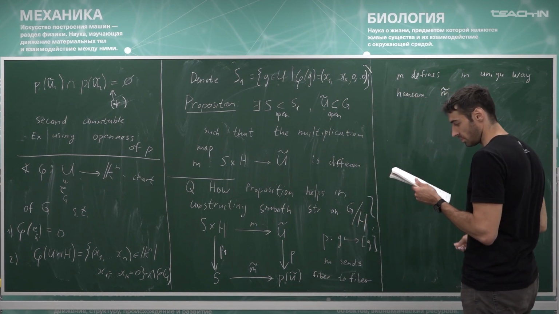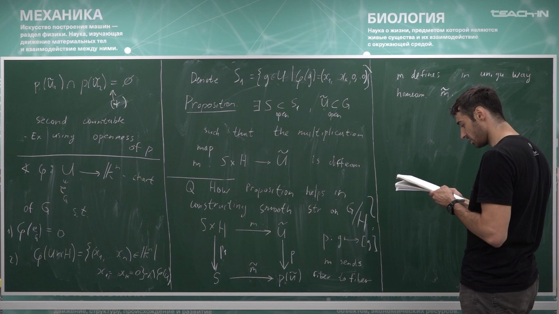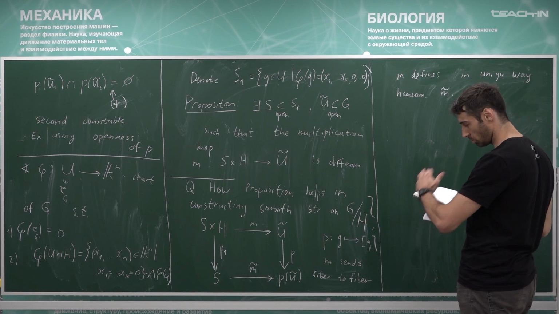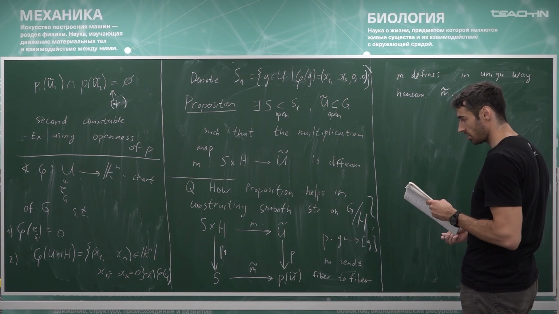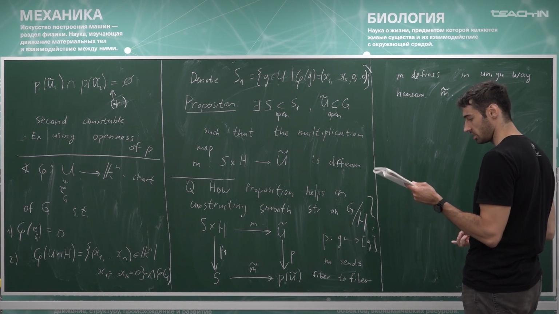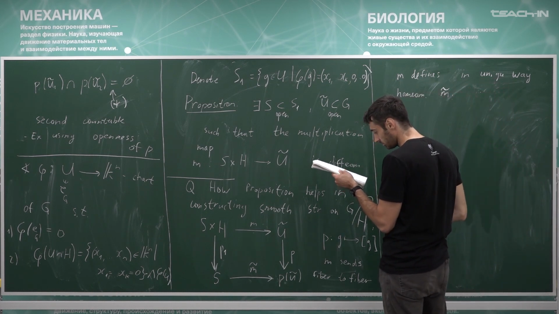And this homeomorphism will be exactly the chart on G quotient by H around the class of identity, right?